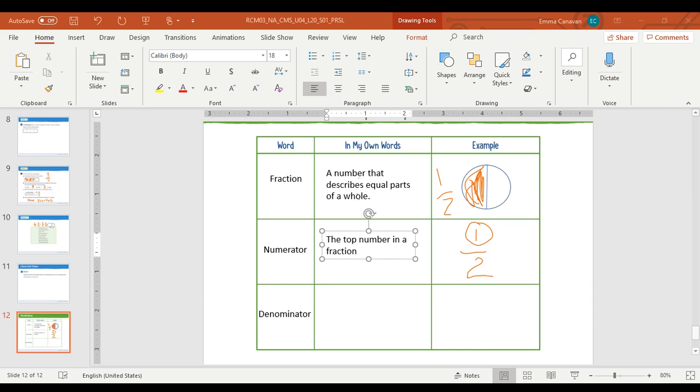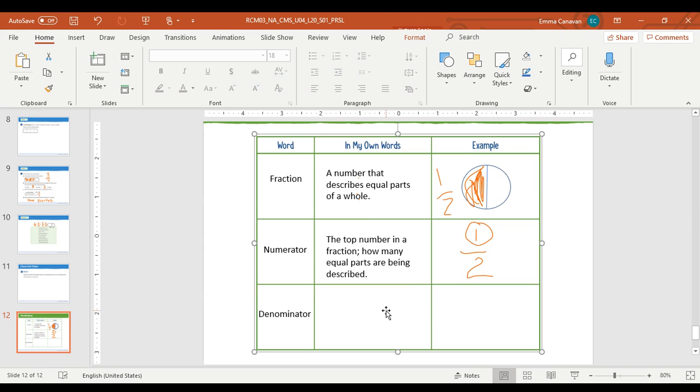So the numerator is the top number in a fraction, and it tells us how many equal parts are being described. So 1 out of 2 equal parts in the whole, which leads us to denominator.